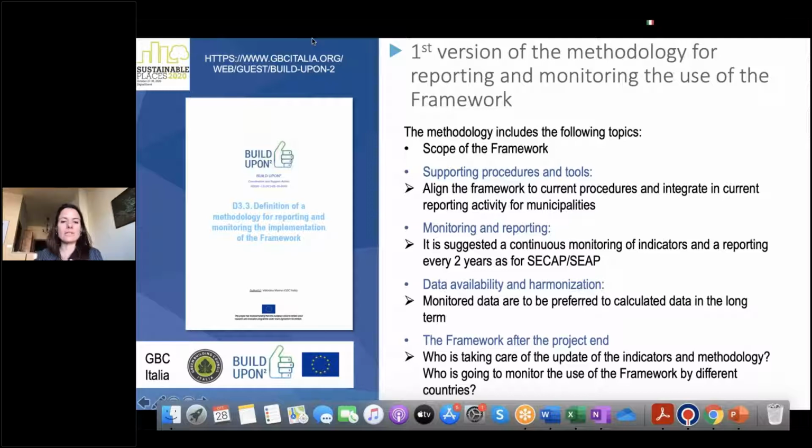Monitoring data are to be preferred to calculated data, at least in the long term, if not possible at the very beginning. And also there is an open question on who is taking care of the update of the indicators and the methodology, if it cannot be adopted at the national scale, and if the monitoring activity can be different across countries, and if these data are still valuable for the European level.